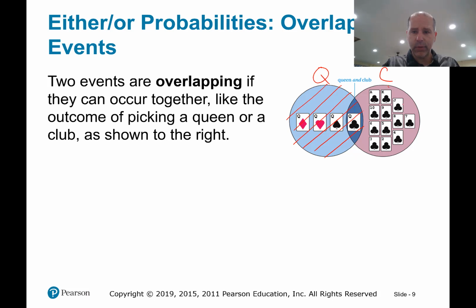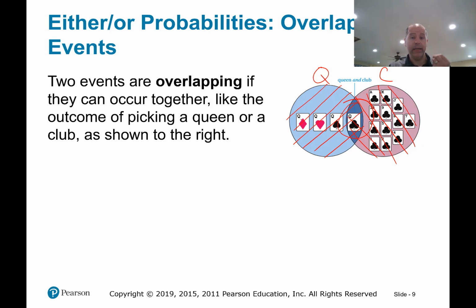And then of course I want to count up all the outcomes that give me a club. And that's going to give me 13. But notice what happened in the middle. I double counted one of the cards. So that means I counted too many. So that means I have to subtract off one of the things I double counted, which was the queen of clubs.